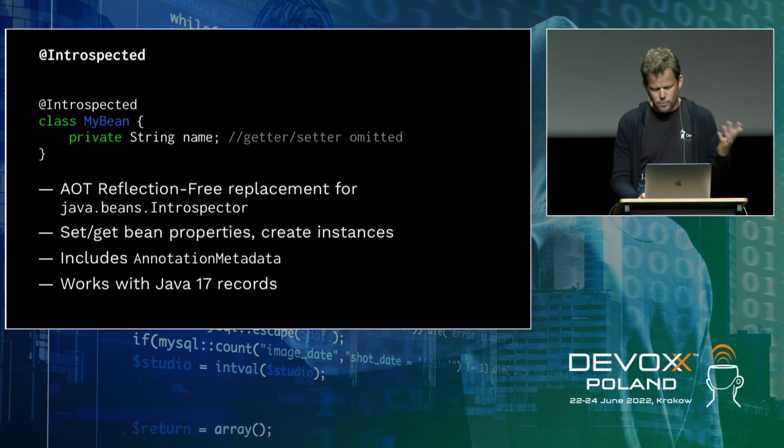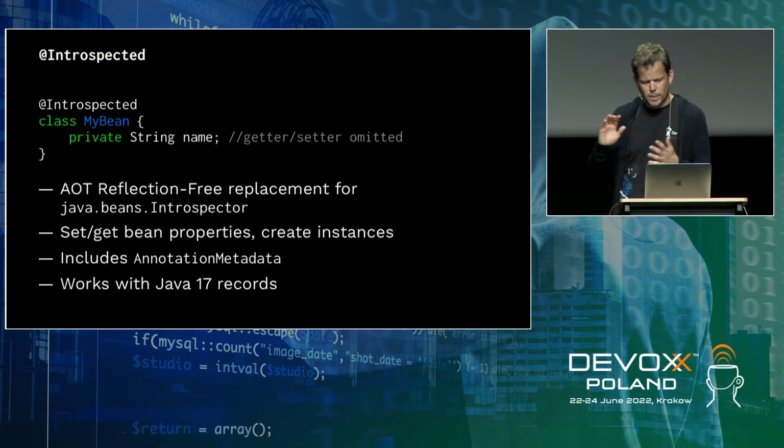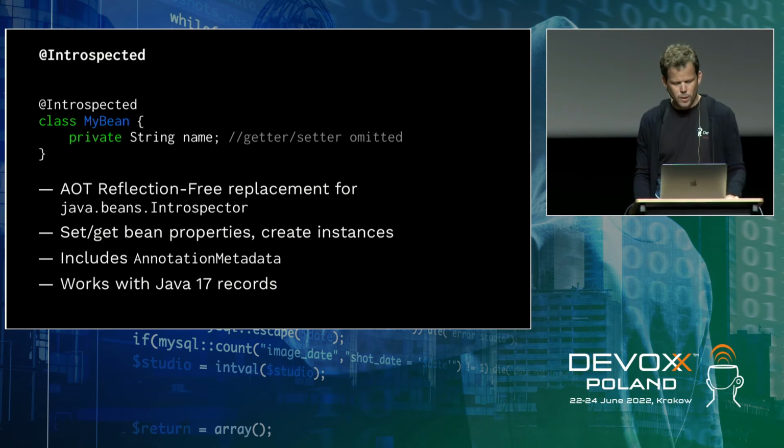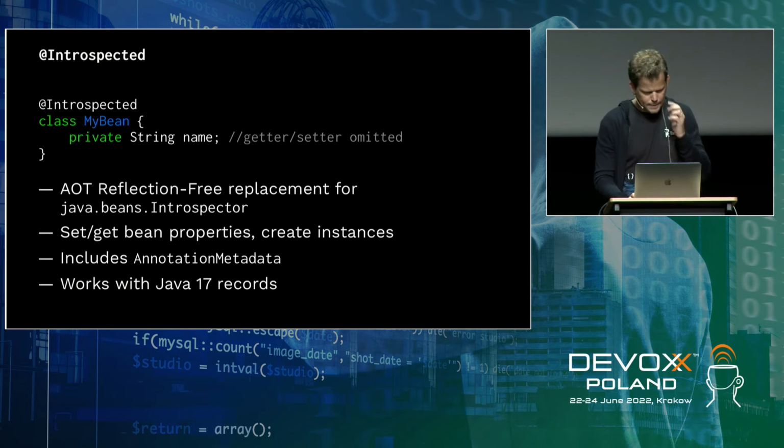OK, so yeah, Introspected is basically a reflection-free alternative to java.beans.Introspector. I don't know if any of you have used java.beans.Introspector, but it basically used reflection to do the same thing. And the other thing that I didn't mention is it computes all the annotation information as well.